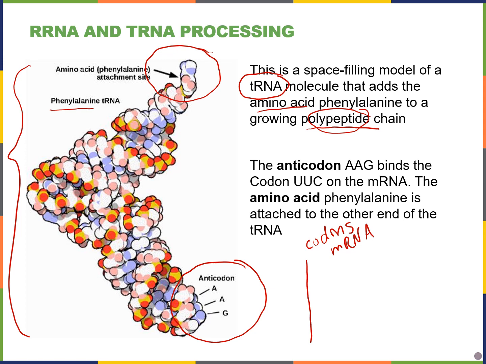So if this is the anticodon, then the codon would be UUC, and this is what encodes phenylalanine. So if we go back and look at that codon chart, the genetic code, you'll see that UUC on the messenger RNA encodes phenylalanine for its amino acid.